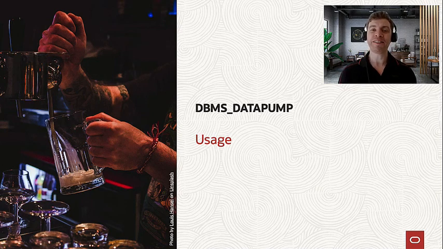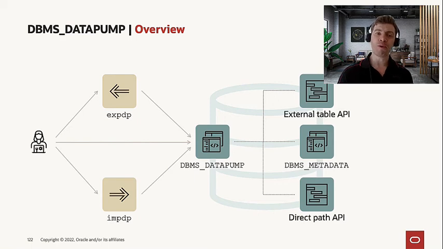So now let's talk about DBMS Datapump usage. We know very well impdp and expdp, which are the binaries we use to run the export and import with Datapump. However, those binaries translate the parameters that you provide into DBMS Datapump API calls.